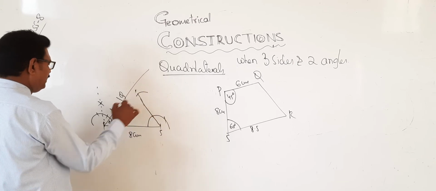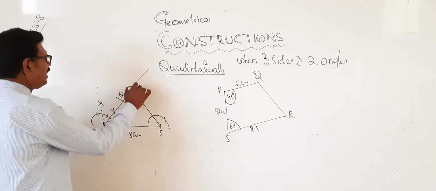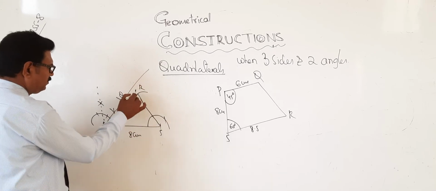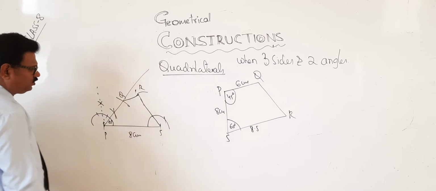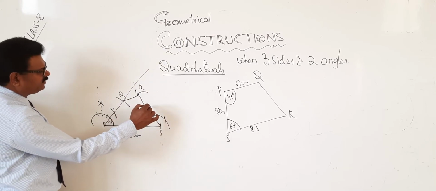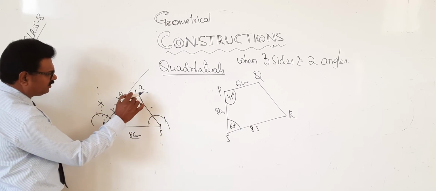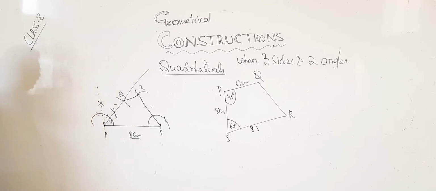So these two angles are given, this side given, this side given, this side given. This is the construction of quadrilateral PQRS.